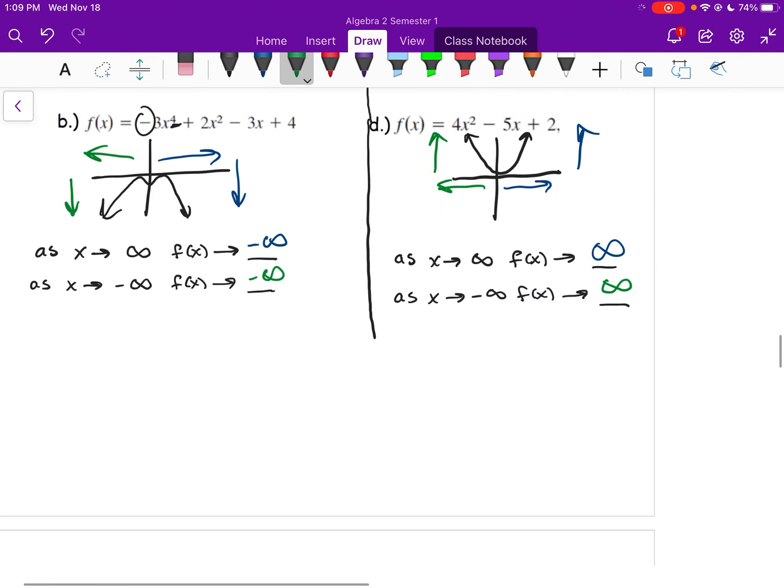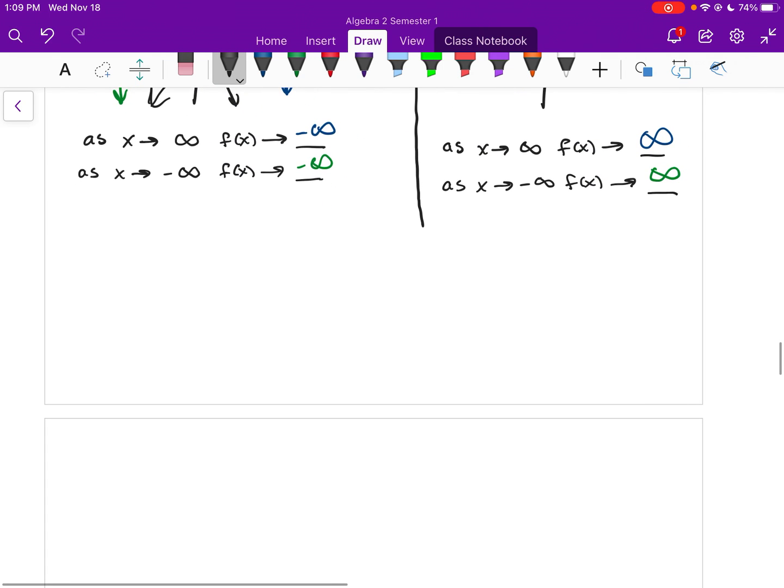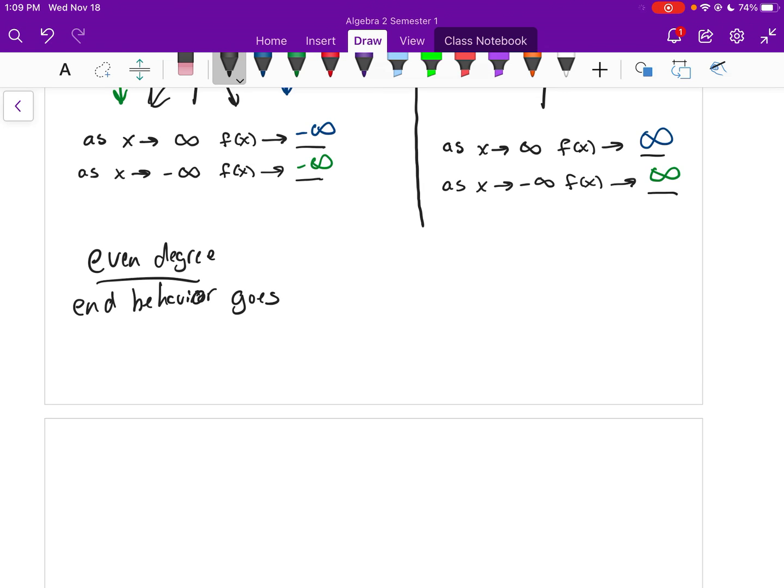So the big things to take from this: even degree, end behavior goes the same direction.